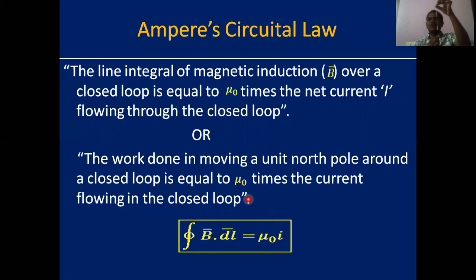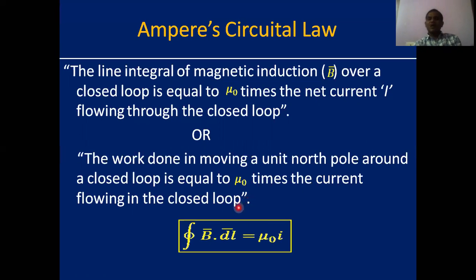Okay, closed integral B bar dot dl bar represents the work done in moving the unit north pole around the closed loop. Therefore, you can define the Ampere circuital law in this way also. The work done in moving a unit north pole around the closed loop equals mu naught times the current enclosed by that closed loop.